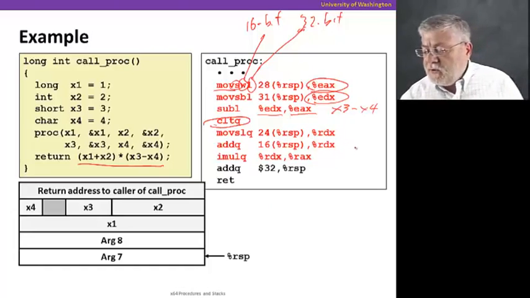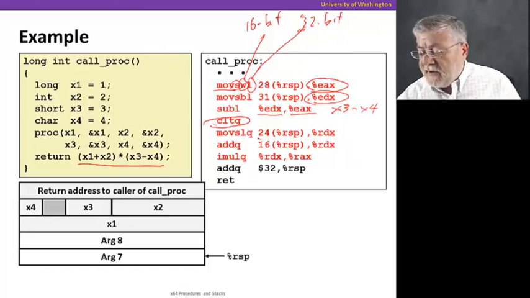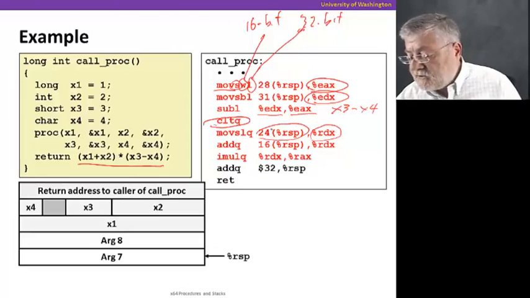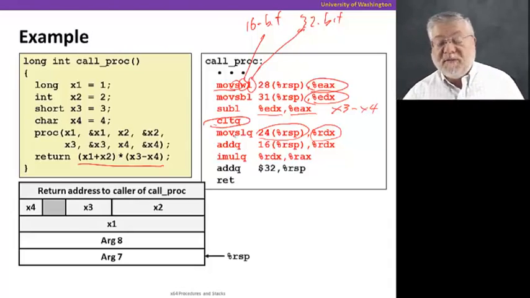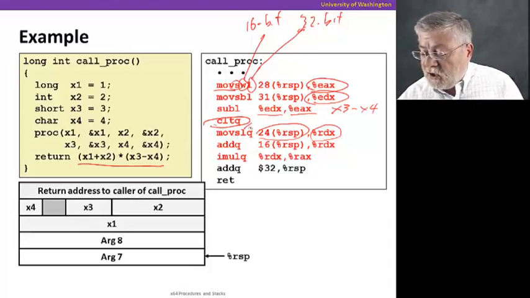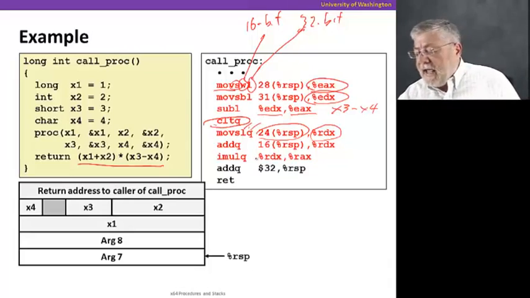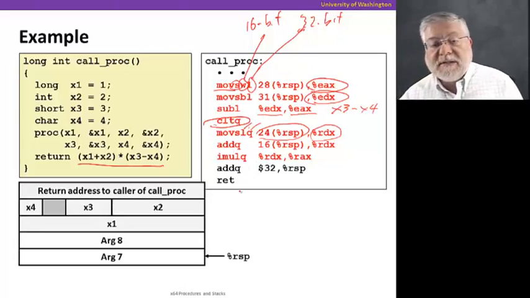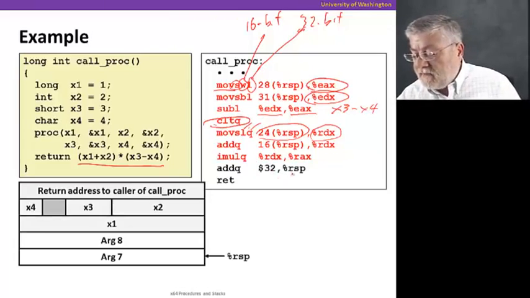The next part computes, as you can imagine, x1 plus x2, and it does that by getting the value of x2, moving it into RDX and sign extending it to 64 bits, in this case from a long to a quad, and then adds the already 64-bit value of x1 also to RDX.